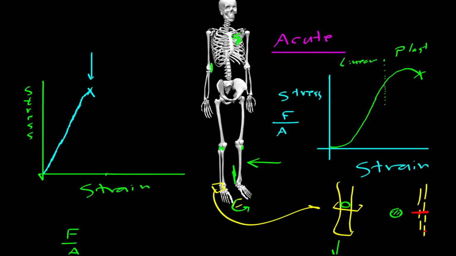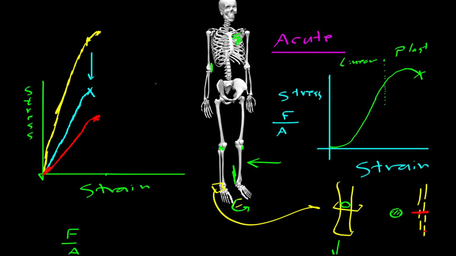But if you have a stronger bone, your stress strain curve might look like this, right? Both steeper, so more stiffness, and higher ultimate strength. And if you have a weaker bone, so say you have osteoporosis, the stress strain curve might look like that.